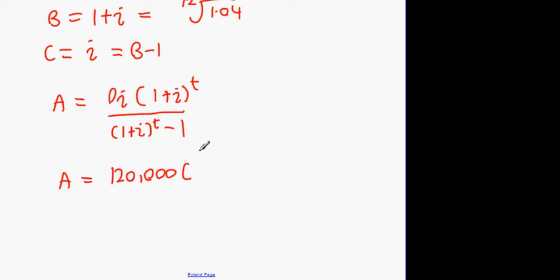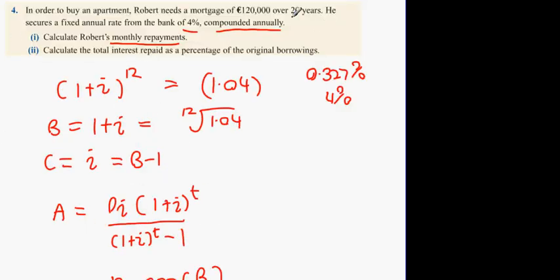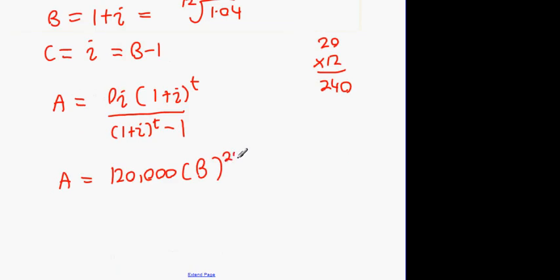It's going to equal B. Now what's our T value? Our T value is 20 years. 20 multiplied by 12 gets you 240. So it's going to be B to the power of 240 all over B to the power of 240 minus 1.